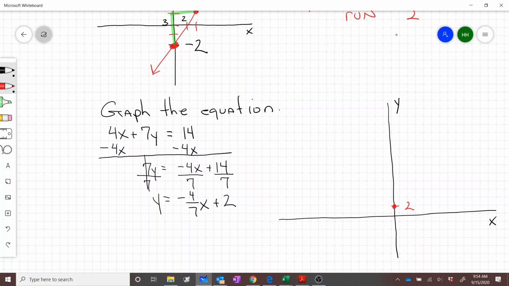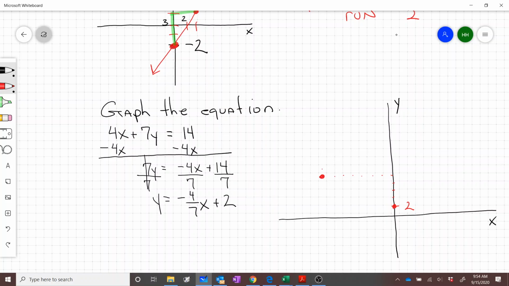And our slope is negative 4/7. Since slope is rise over run, we know that a negative slope line has to go up and to the left. So in this case, we're going to rise 4, we're going to run 7. So look, we rise 1, 2, 3, 4. We're going to run 1, 2, 3, 4, 5, 6, 7. Here's our second point.